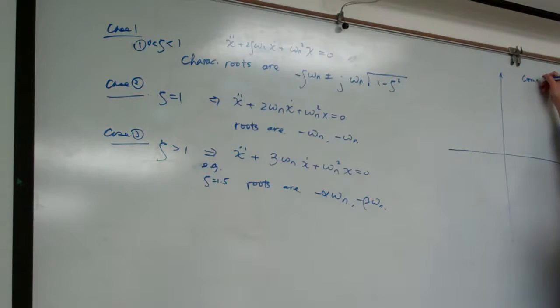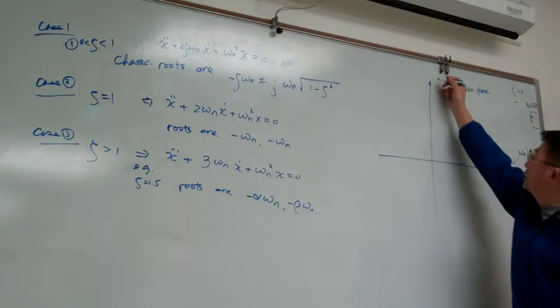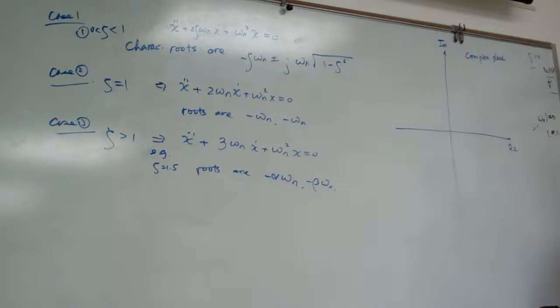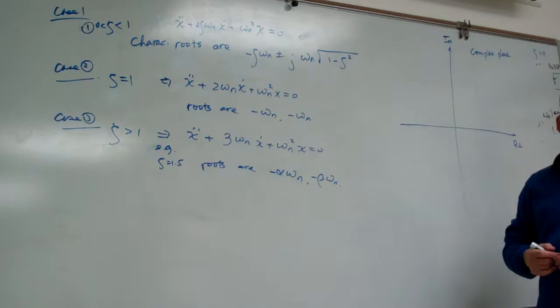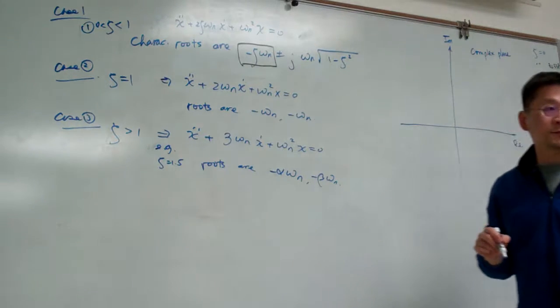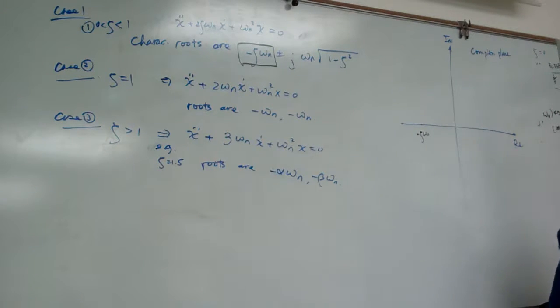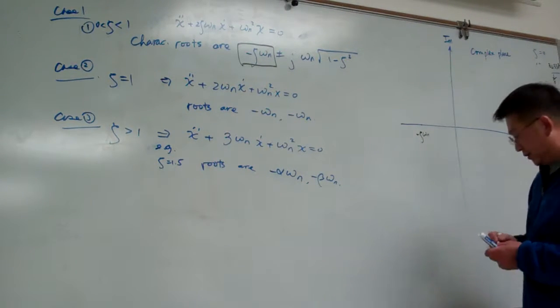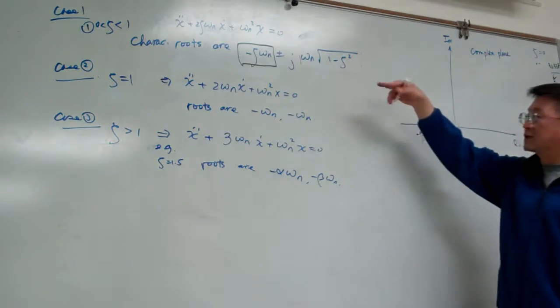So this is the complex plane. And complex plane always have the real, we represent the real numbers onto the horizontal axis, imaginary numbers onto the vertical axis. So for case 1, this is a real number, negative. So we put here minus zeta omega n. And for case 1, this is imaginary numbers, imaginary number that is complex conjugate.